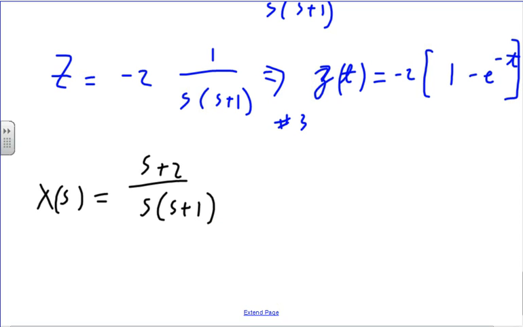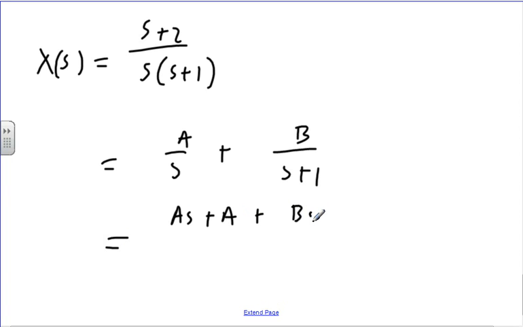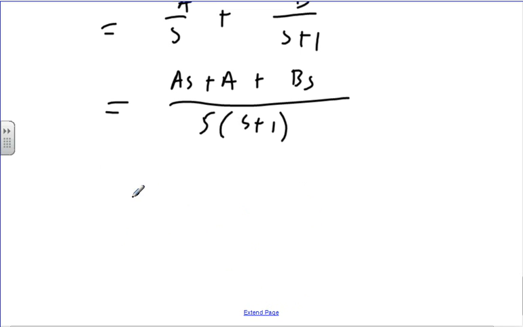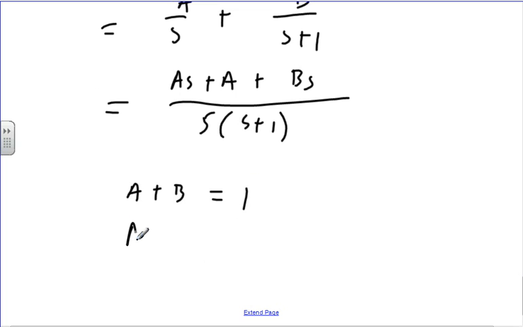Okay, we'll do a partial fraction. A over s plus b over s plus 1. And so I've got a plus bs over s plus 1. Okay, so a plus b has to be 1, and a has to be 2, implying that b has to be minus 1.